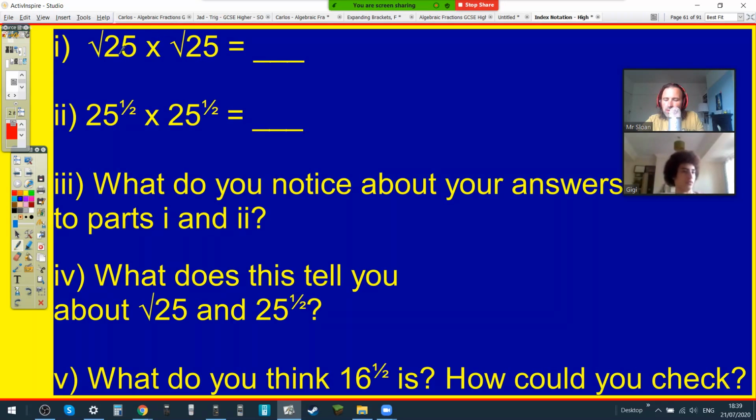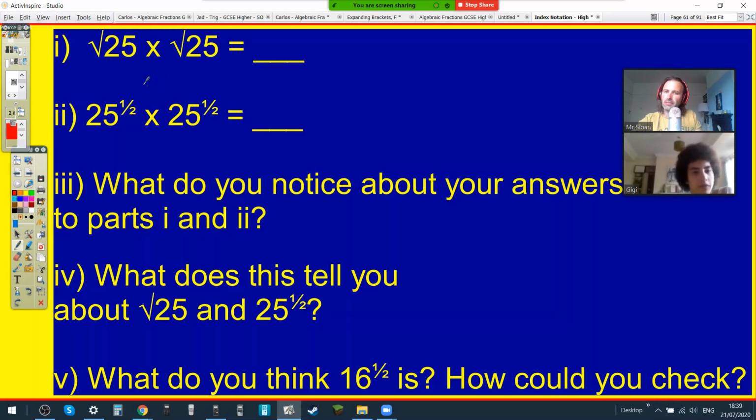Okay, this thing. Square root of 25 times square root of 25. Not really sure. Just be a 1. What is the square root of 25?